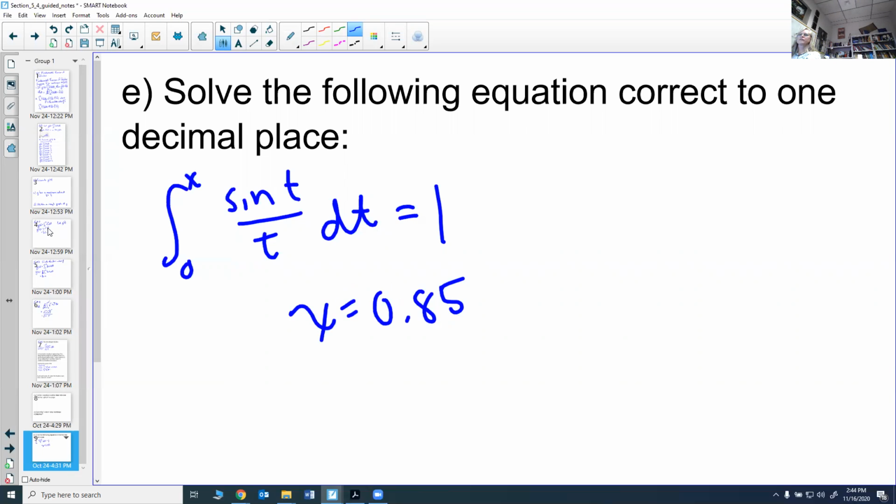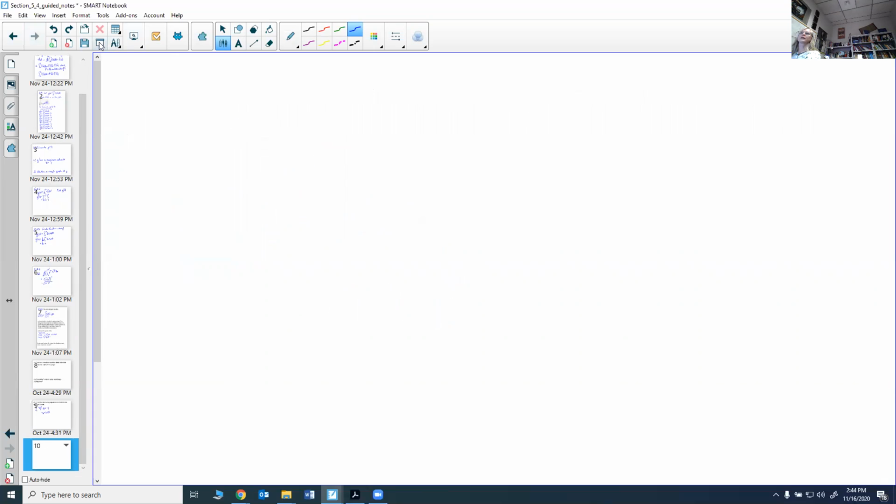And so we can find a lot of information out using this. I want to do one more example. I've done a couple examples with finding derivatives, but let's do one more. So let's find the derivatives. So let's say g of x.